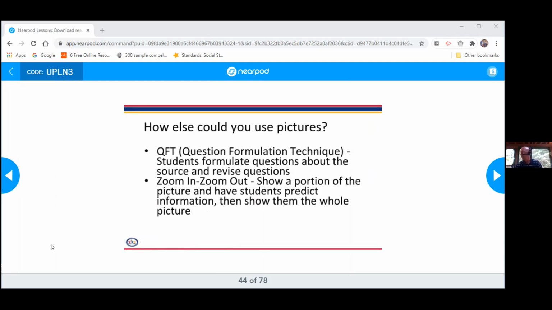So now let's look at what other things we could do. Another great strategy is the Question Formulation Technique. And another one is the zoom in, zoom out image analysis. Holly or Nicole, I think I created both a QFT and a zoom in, zoom out and put them in there. Yep, I got it.